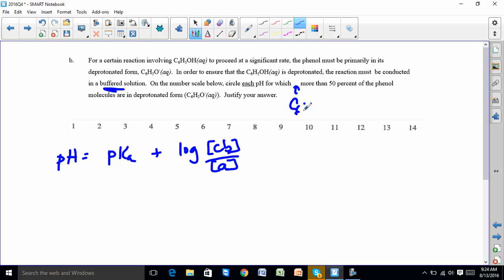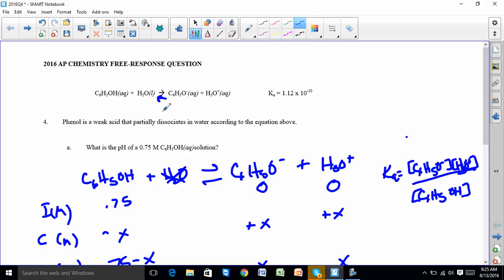On the number scale below, circle each pH for which more than 50% of the phenol is in the deprotonated form. So interesting, this is key. The cut point is 50%. At 50%, let me go back to this equation. At 50%, this concentration and this concentration are the same.